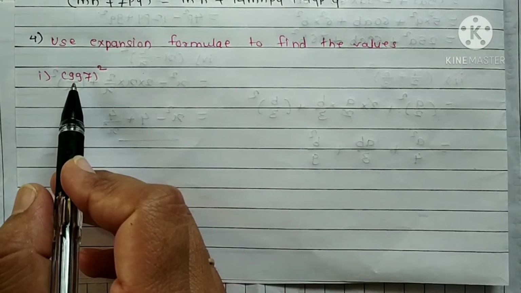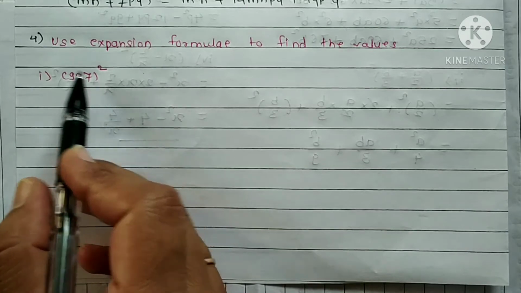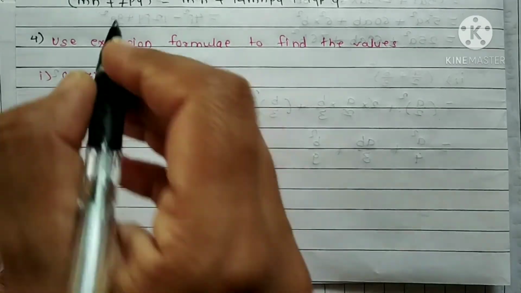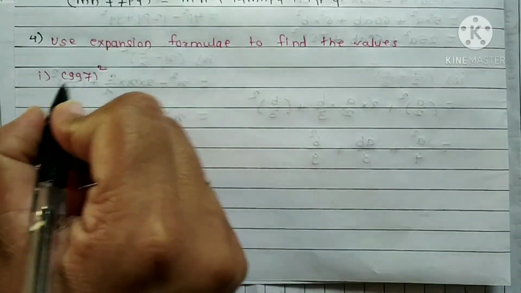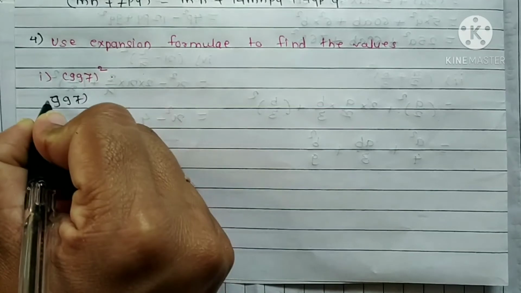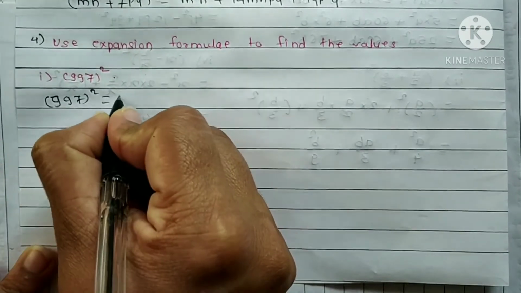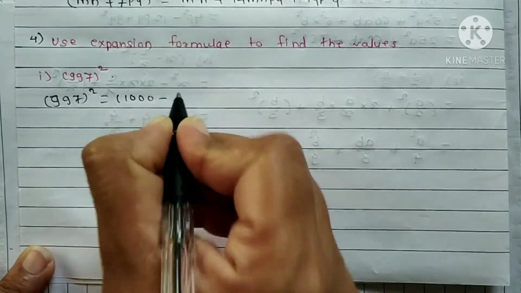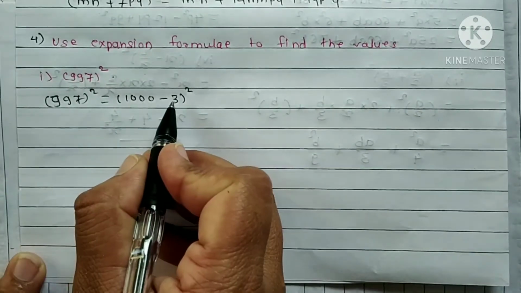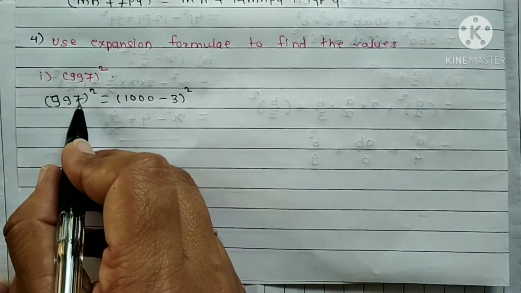Here 997 is closer to 1000. Therefore this 997 can be written as 1000 minus 3. Okay, 1000 minus 3 you get 997.